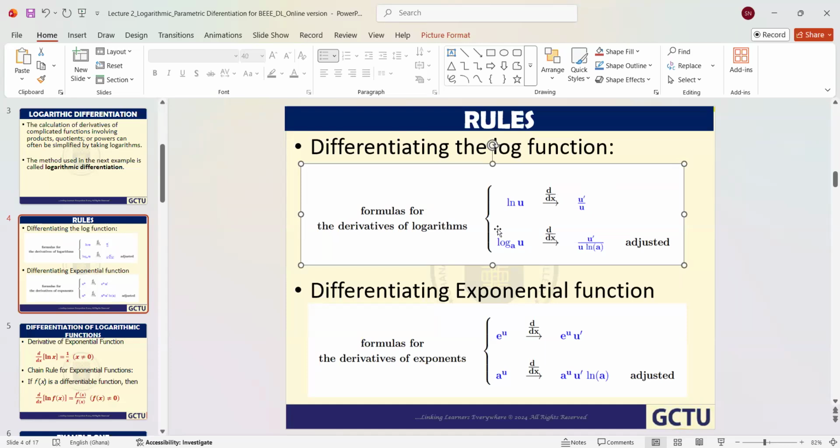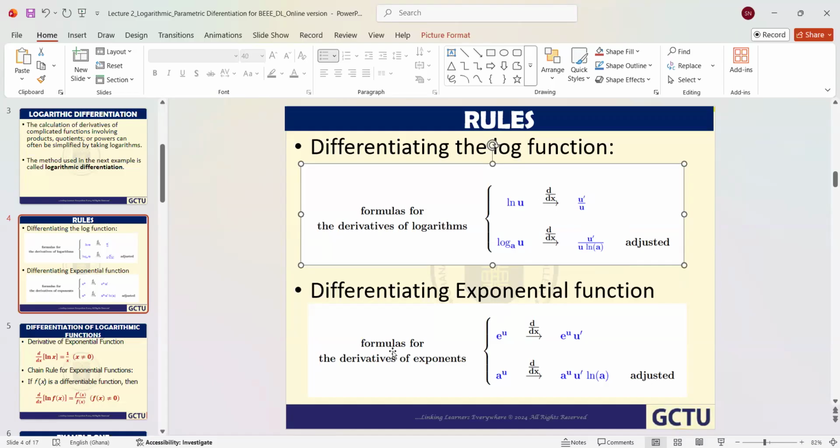And again, if you are using normal log, then you differentiate u, which will be in the numerator, and then you repeat the function of u times the natural log of the base a. So these are the rules when you are evaluating a function using log or natural log.